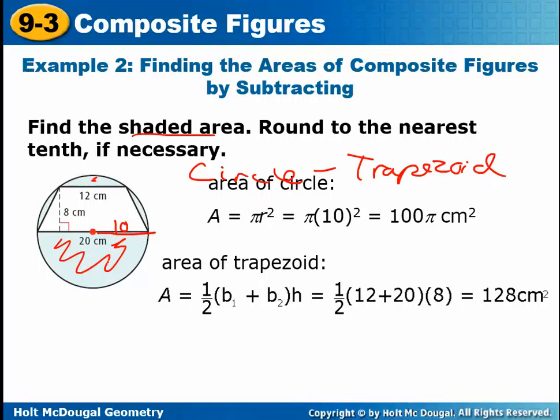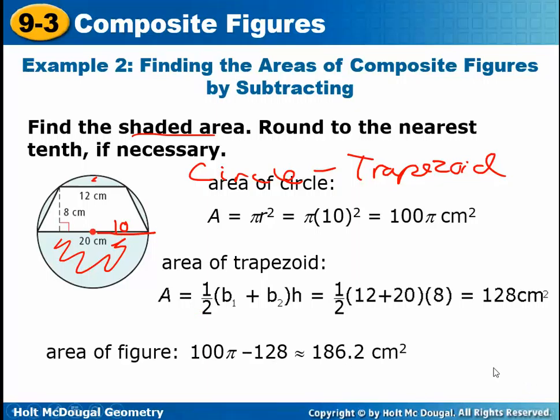And then you're going to subtract the area of the trapezoid. A trapezoid area is given by base 1 plus base 2 times the height, and then divide by 2 or multiply by half. One of the bases is 20, one of the bases is 12, the height is 8. So we're given everything we need, and then it's just a matter of plugging it all into your formulas, subtracting to find the area of the shaded region.